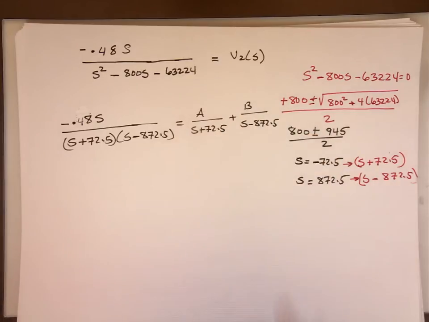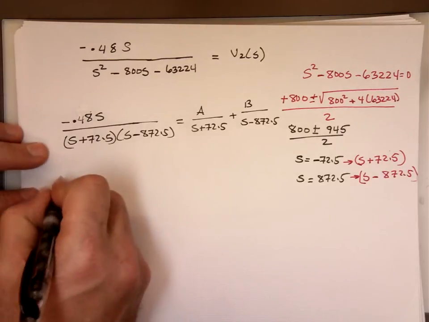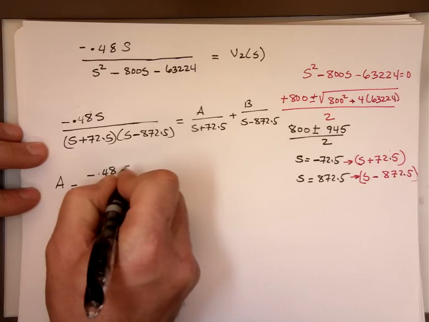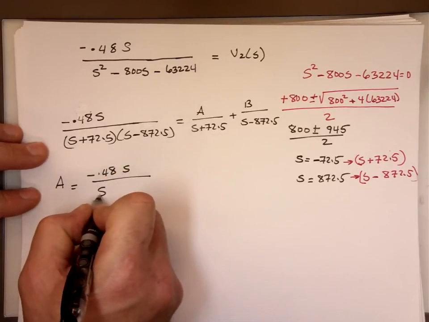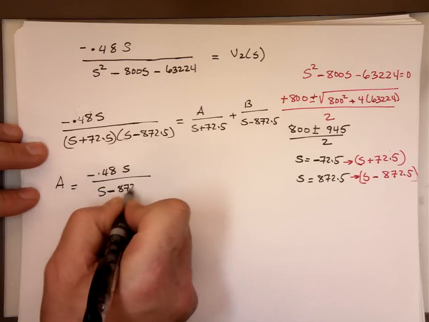Find A and B. Negative 0.48 S over S minus 872.5 when S equals what? Negative 72.5.